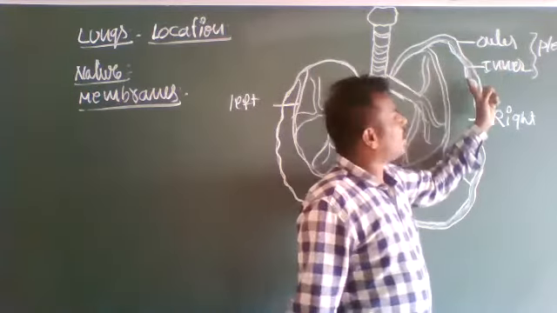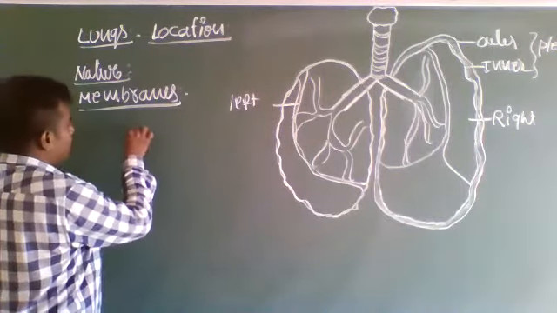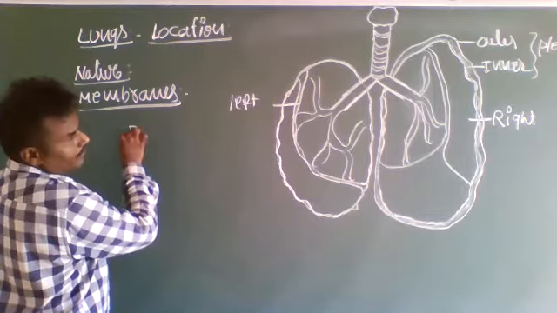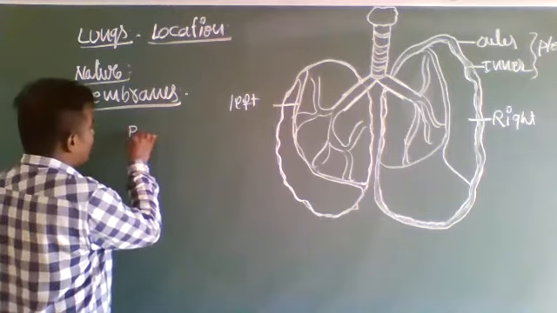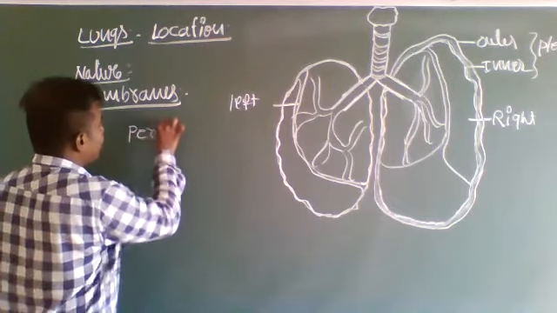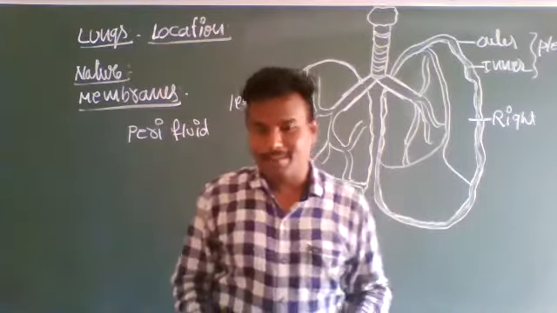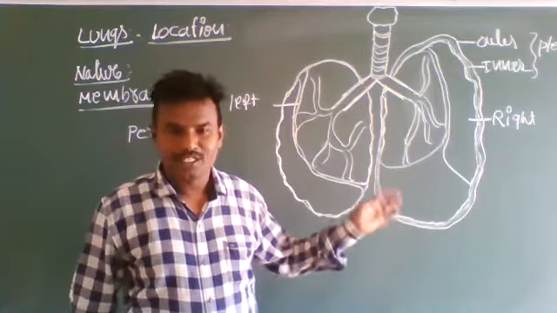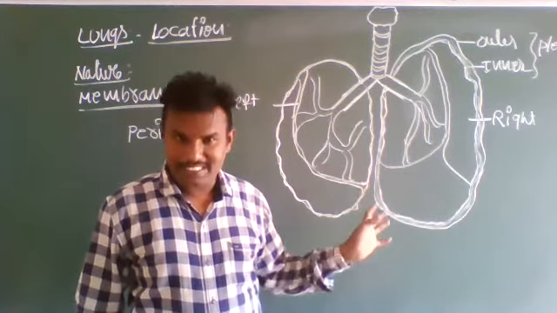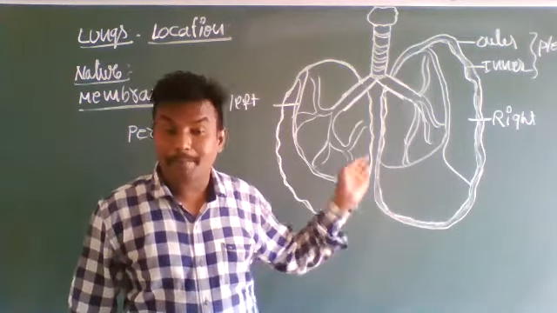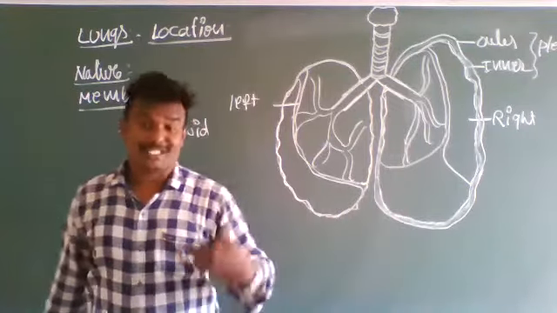In between the outer and inner membrane there is a space, and that space is filled with a fluid called pleural fluid. This fluid protects the lungs from shocks and injuries.